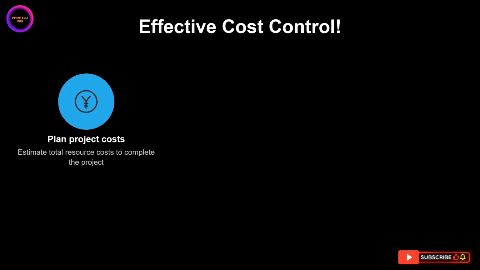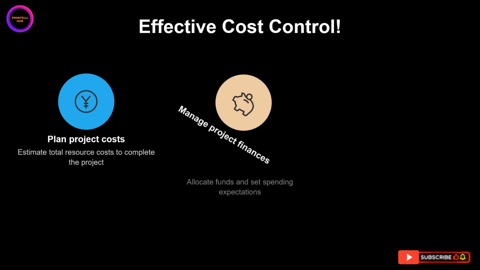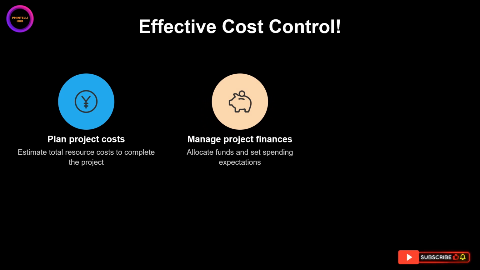Effective cost control can be broken down into three key activities. First, we plan project costs, which involves estimating the total resource costs required to complete the project. Second, we manage project finances. This is where we allocate the funds we've estimated and set clear spending expectations.